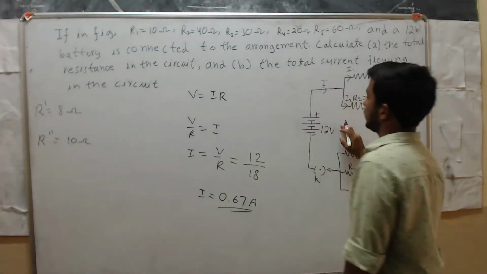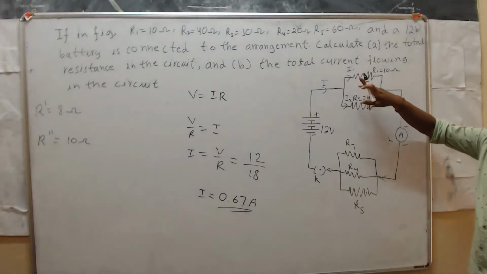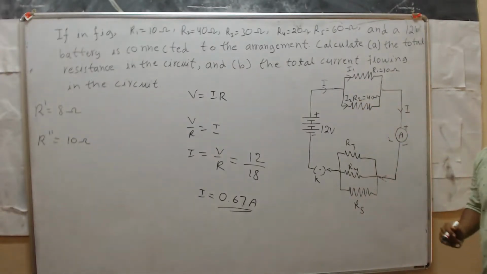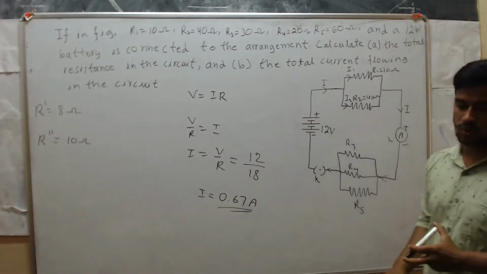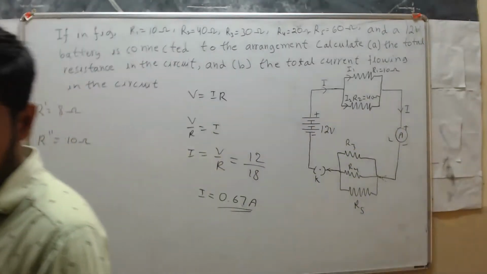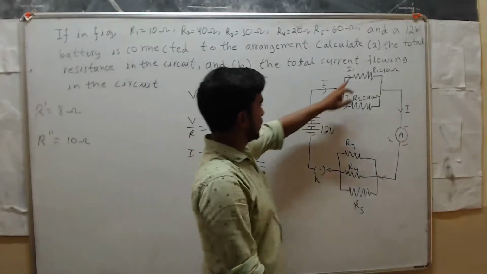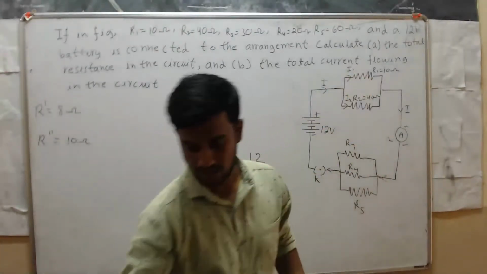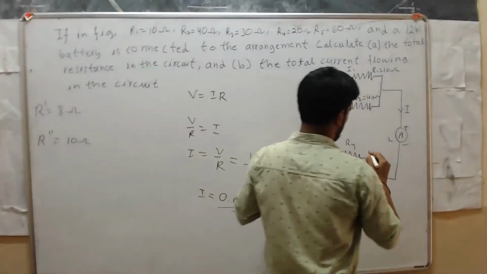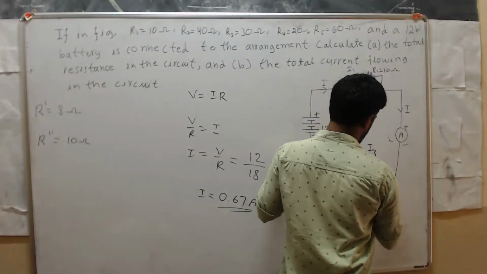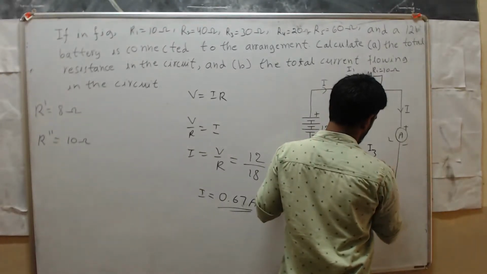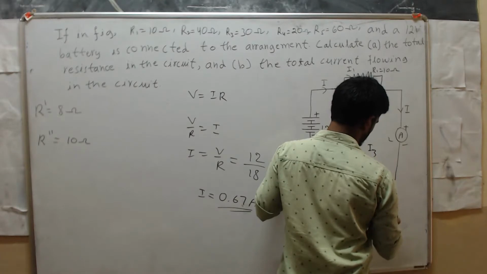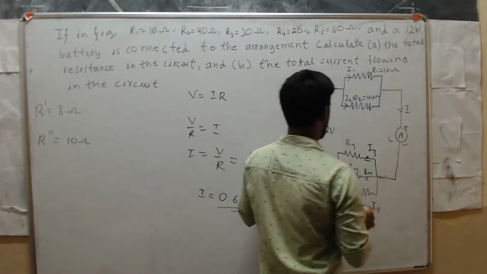Now calculate the current through this resistor and this resistor. This is homework for you. Calculate I1, I2, I3, I4 and I5.